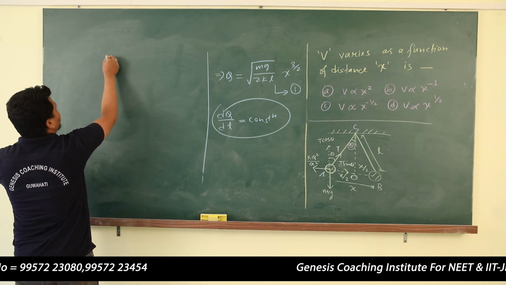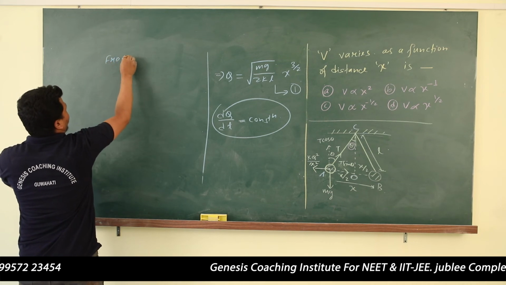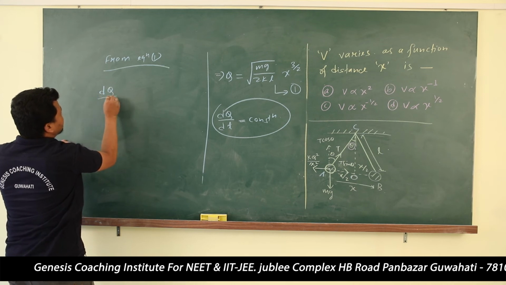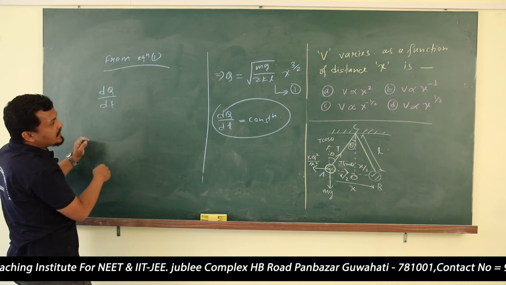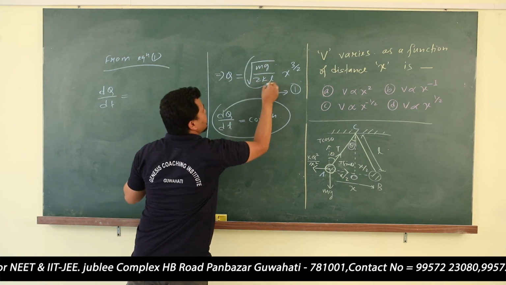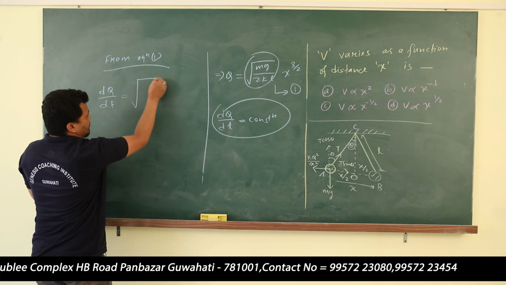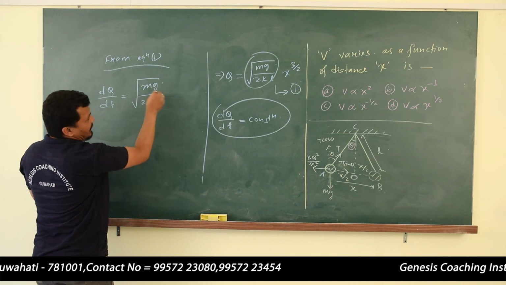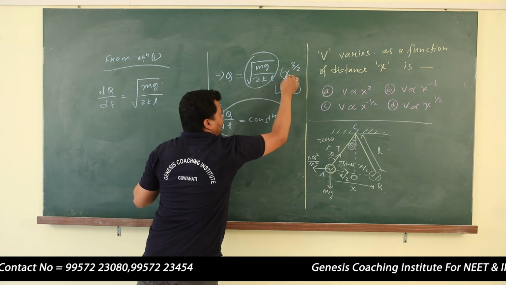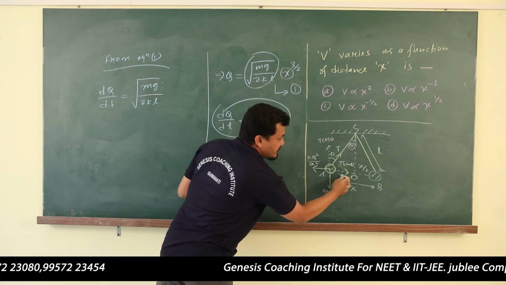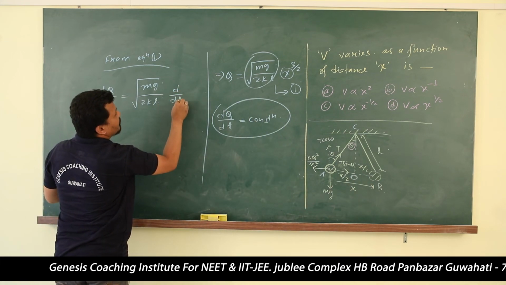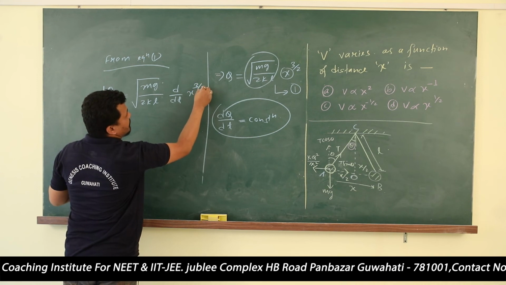From equation 1, dq by dt equals, this is a constant term, so root over mg by 2kL, and x is the variable, so d by dt of x to the power 3 by 2.